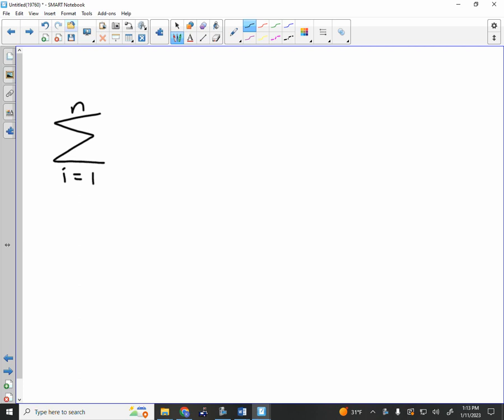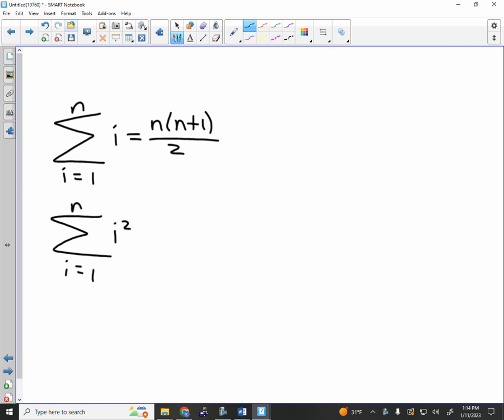So the sum from i equals 1 to n of i is simply equal to n times n plus 1 divided by 2. And if you're wondering why, I say we proved it using math induction. It's been proved. Suppose you're trying to add up the first number of squares, i squared. So for example, 1 plus 4 plus 9 plus 16 plus ... Suppose you're trying to add up those.